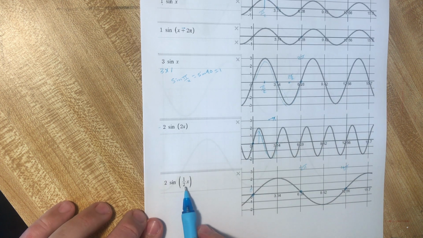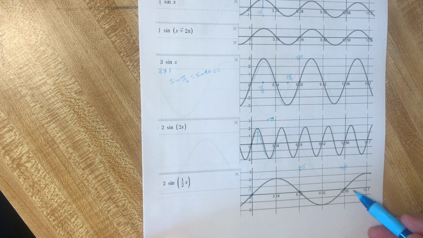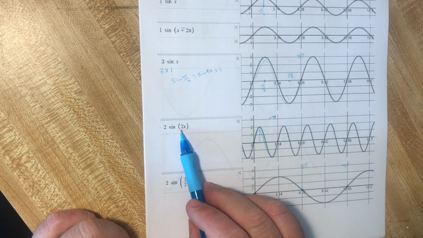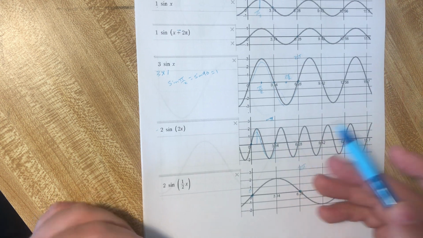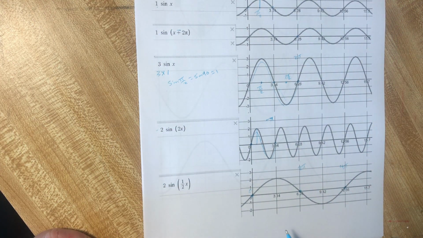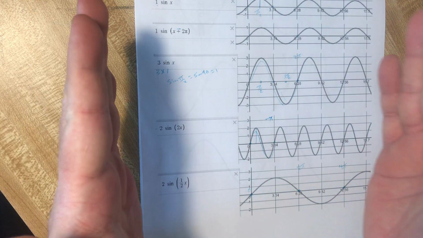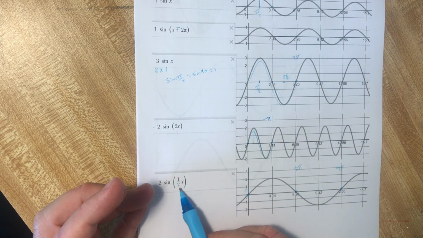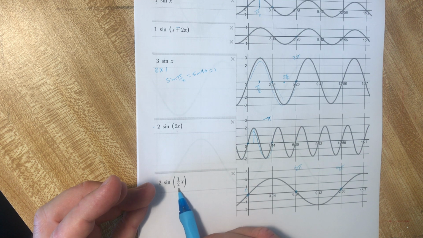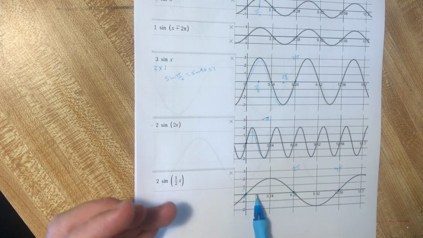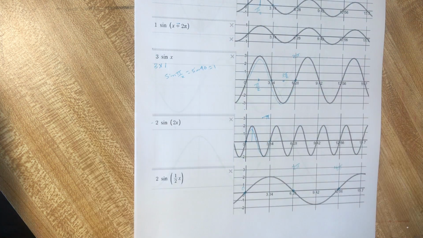If I divide it by 2 or multiply by half, then the wavelength will expand by 2. If I multiply by 2, then the wavelength will compress by half. If I multiply by 3, then it will compress by 3. If I divide it over 5, I will show you later, 1 over 5x, then the wavelength will be expanded by 5.